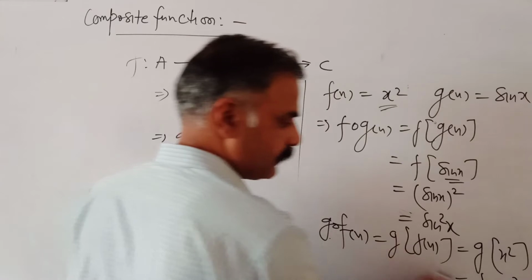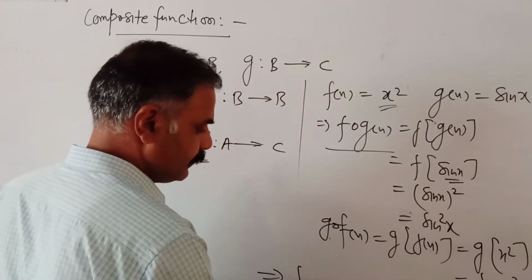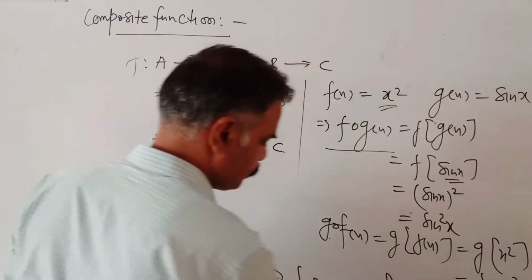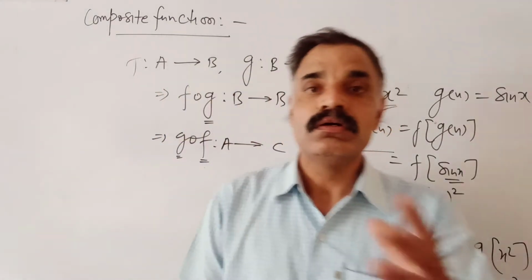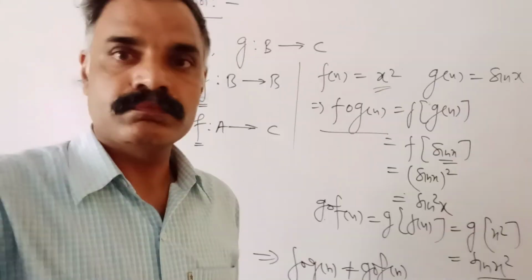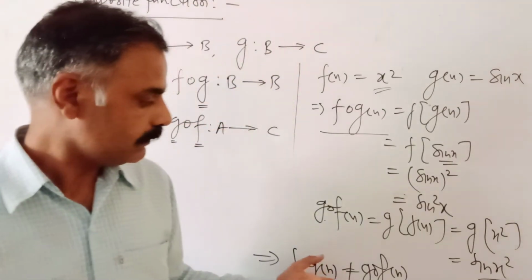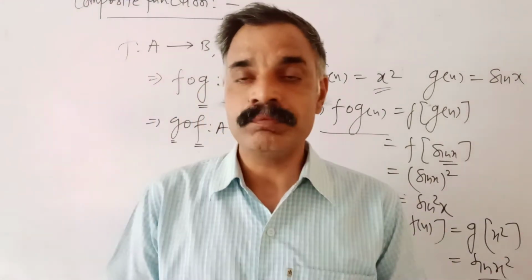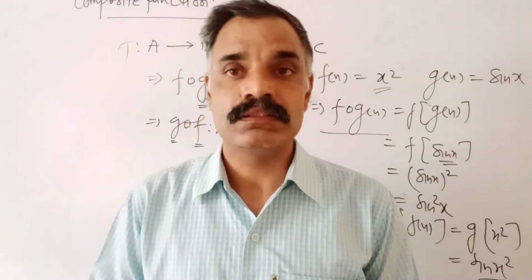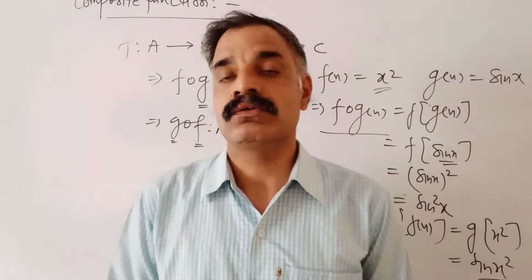So gof of x equals sin x square, and fog of x equals sin square x, which implies that fog of x is not equal to gof of x. So composition of two functions is not commutative, meaning composition of two functions does not follow the property of commutativity.